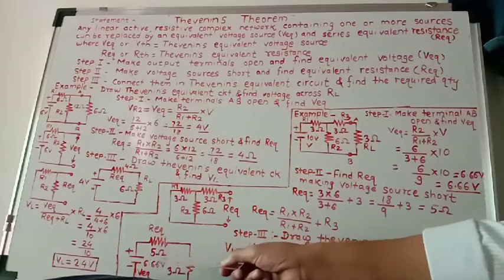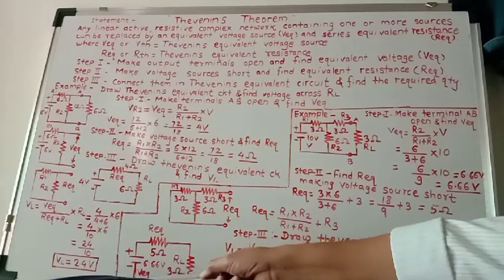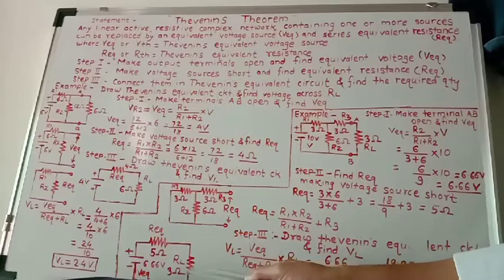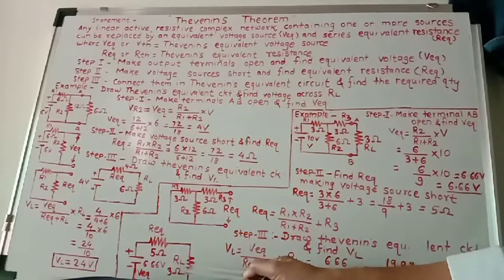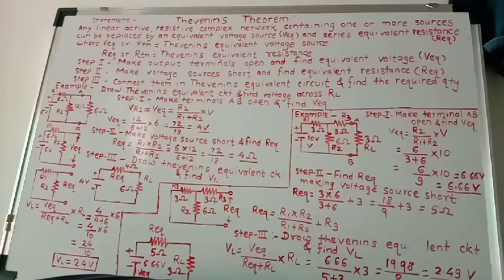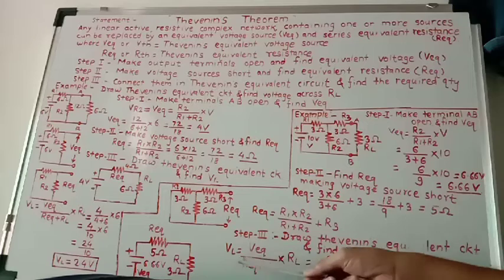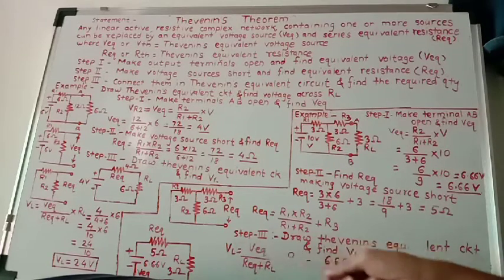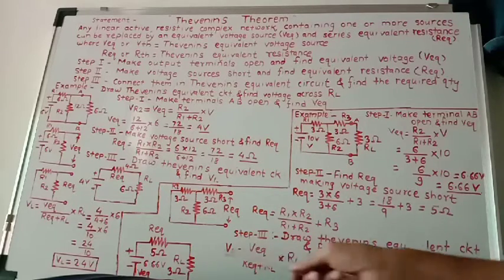Therefore IL is V equivalent divided by R equivalent plus RL, and IL into RL means VL.